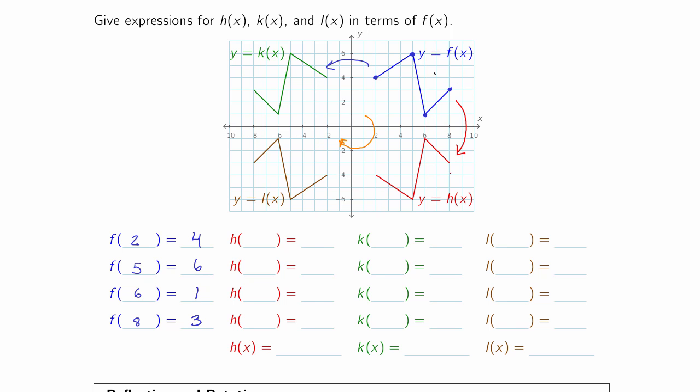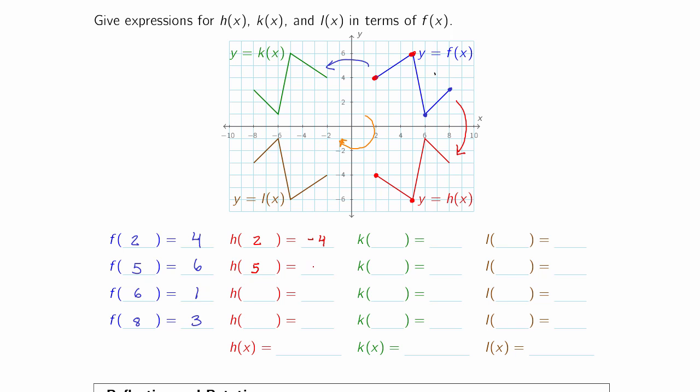To go from F to H, we're negating the y-coordinate. So 2, 4 becomes 2, negative 4. So H of 2 is negative 4. 5, 6 becomes 5, negative 6.